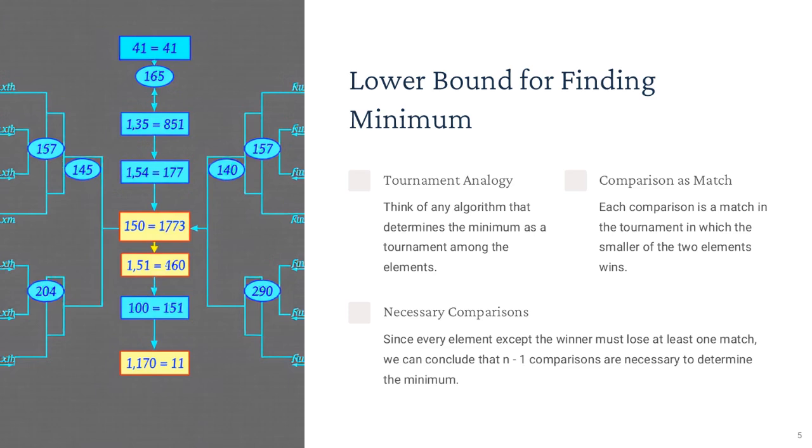Then, the smaller is compared with the current minimum, and the larger with the current maximum. This process ensures that only 3 comparisons are needed for every 2 elements, significantly reducing the total number of comparisons. Whether n is odd or even, the total comparisons will not exceed 3 times the floor of n/2.